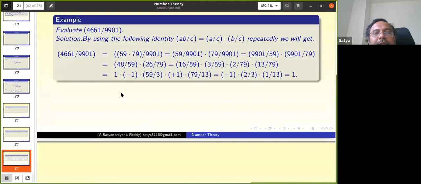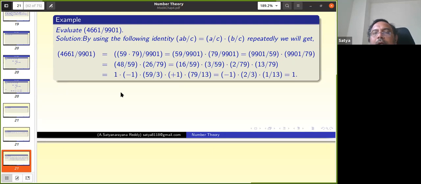So this 4661 by 9901 can be written as 59 by 9901 into 79 by 9901. We'll reciprocate because 9901 is congruent to 1 modulo 4 and it may be a prime number. That's why I wrote it like that. So then we got that.